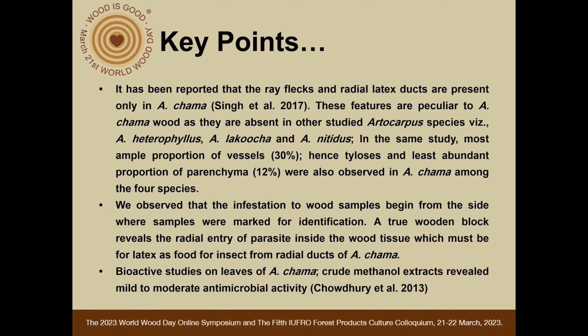These features are peculiar to Artocarpus sharma wood, as they are absent in other studied Artocarpus species such as Artocarpus heterophyllus, Artocarpus lacucha, and Artocarpus nitidus. In the same study, the most ample proportion of vessels, which is 30%, and hence tyloses, and the least abundant proportion of parenchyma, which is 12%, were also observed in Artocarpus sharma among the 4 species.